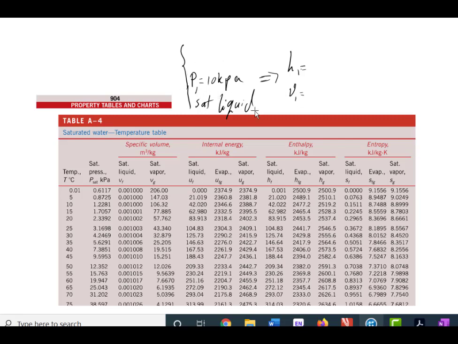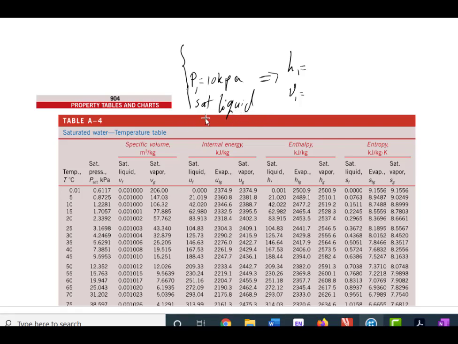What we know here is the pressure at that state, which is 10 kilopascal, and also we know that the water at this state is saturated liquid.